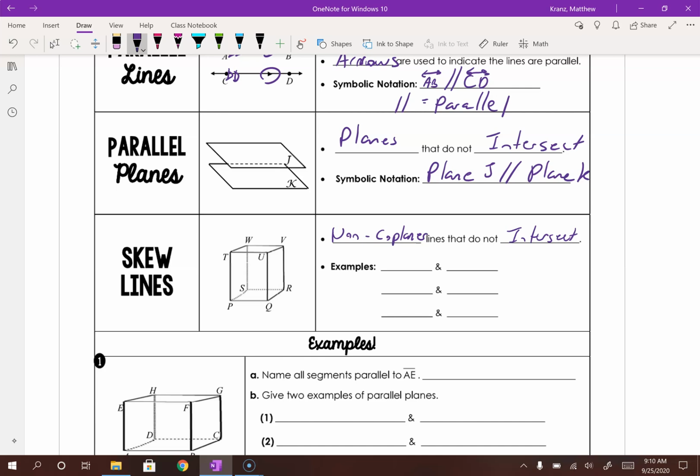Oh, I said they do intersect. They never intersect, I'm sorry. An example of this might be segment PS and VR.